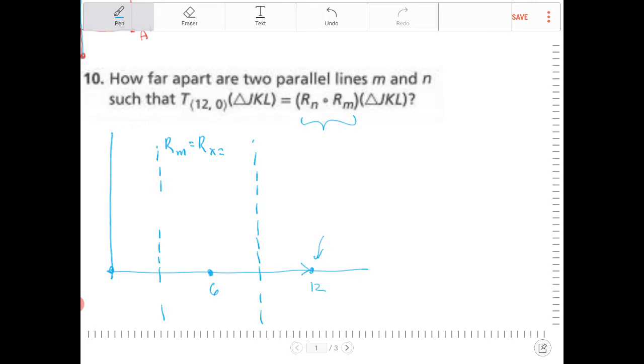If I want to end up at 6, I would have to reflect over, let's say, x equal to 3, because that's the halfway point. And then from there, now that I'm at 6, I will reflect this point over which other line to end up at 12? Well, this has to be N. So what would N be?